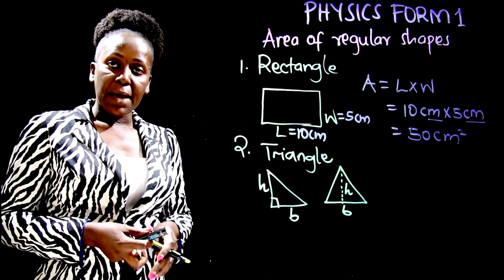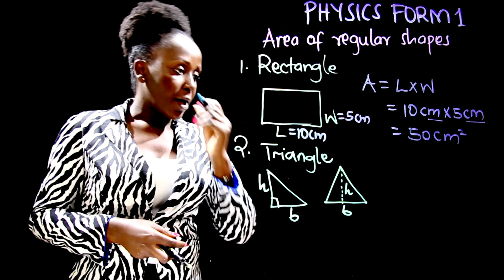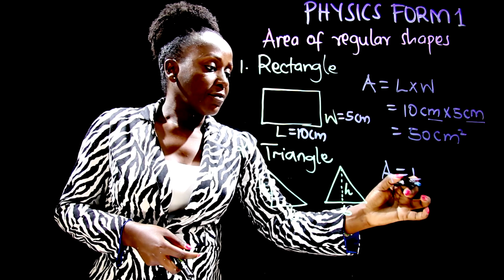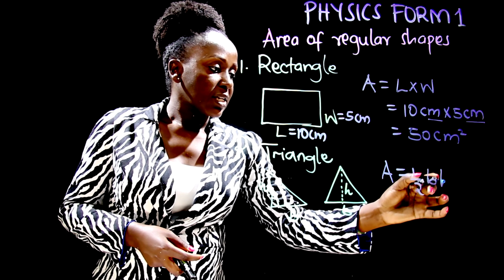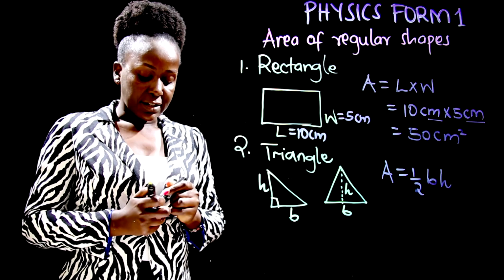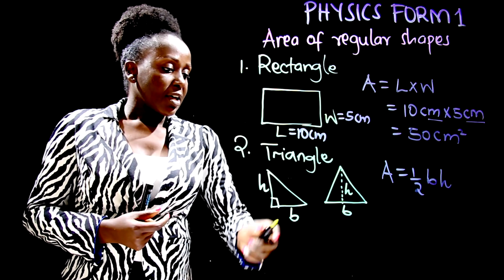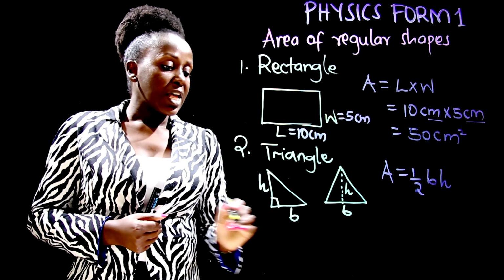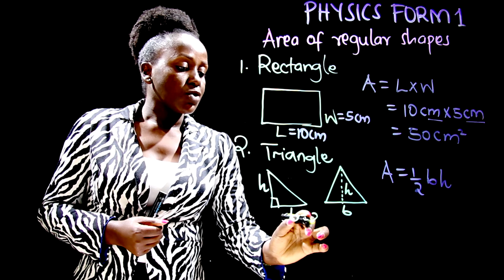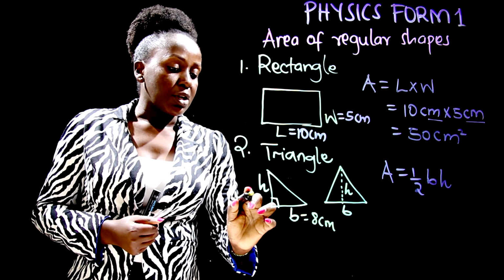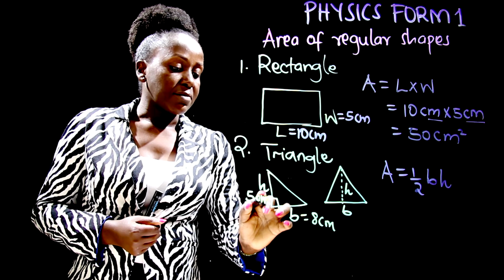Now, how do we determine the area of a triangle? The area of a triangle is given by a half base times height. A half base times height. Now, let's give our first triangle values. Let the base be equal to 8 centimeters and let the height be equal to 5 centimeters.